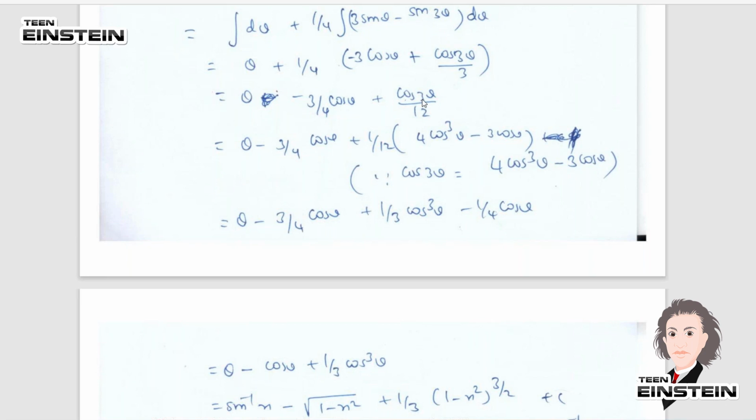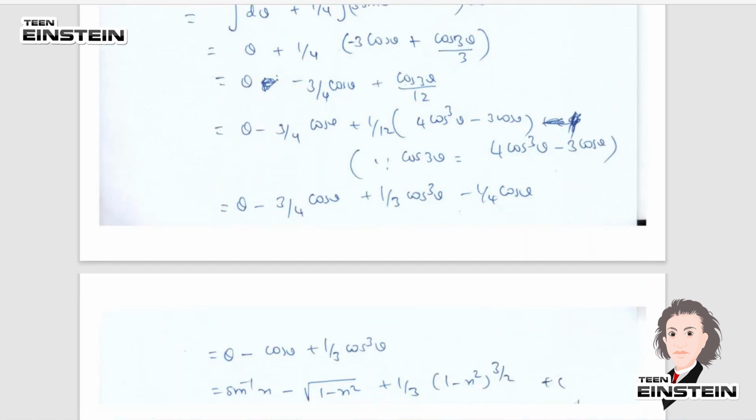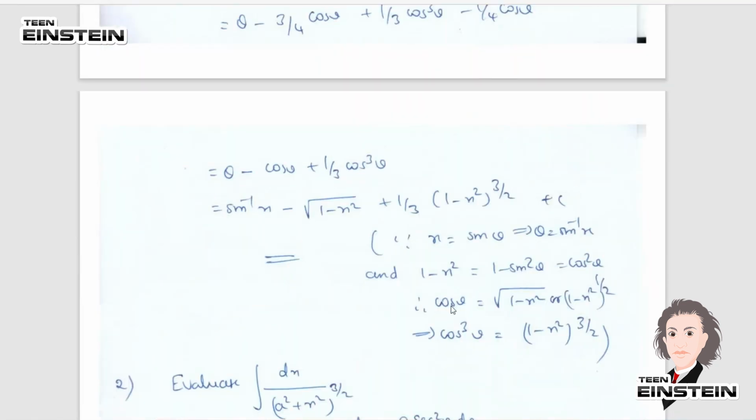Then I can find cos theta from this substitution because x is sine theta. If you square, x square equals sine square theta and 1 minus x square is 1 minus sine square theta, which is cos square theta. From this I can find cos theta, cos power 3 theta, even cos power 4, cos power 5, whatever I can. So cos cube theta is 1 minus x square whole to the power 3 by 2. Replace it here. That's the final answer.